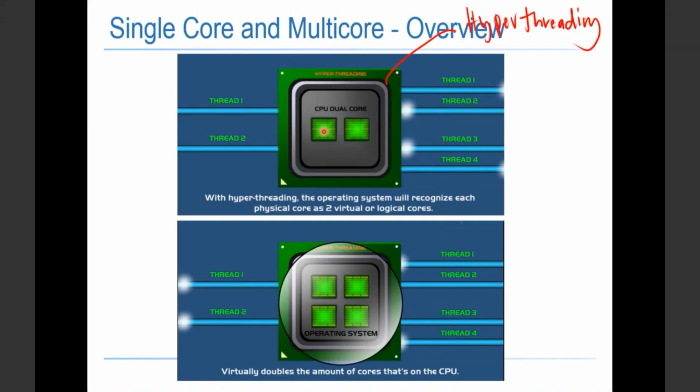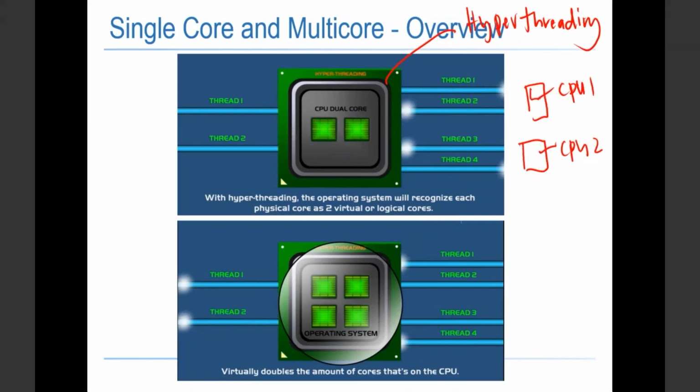So what happens here is the operating system will recognize each physical core as 2 virtual cores. So you can see here, this is the threads for CPU1, for example, and this is for CPU2. This means that inside this physical CPU, the system recognizes it as 2 logical cores.